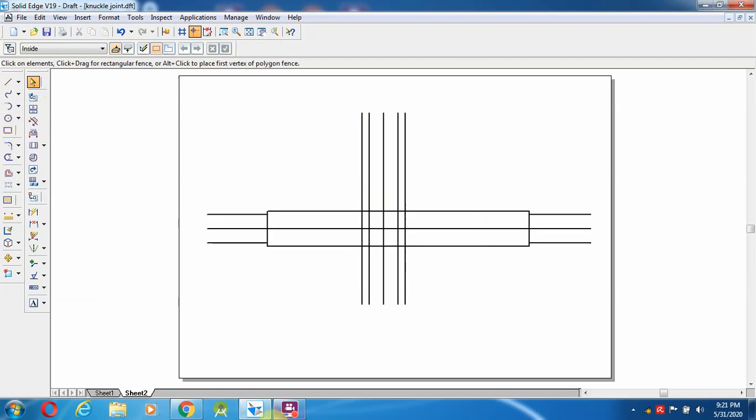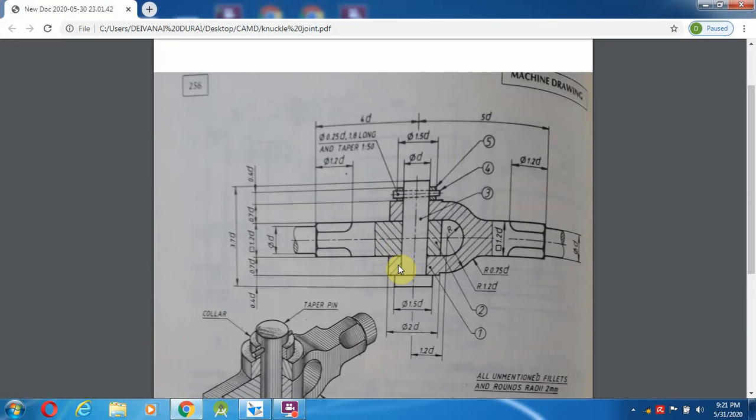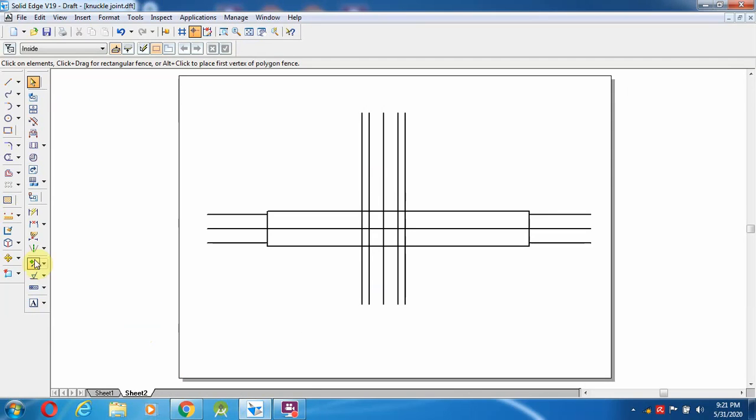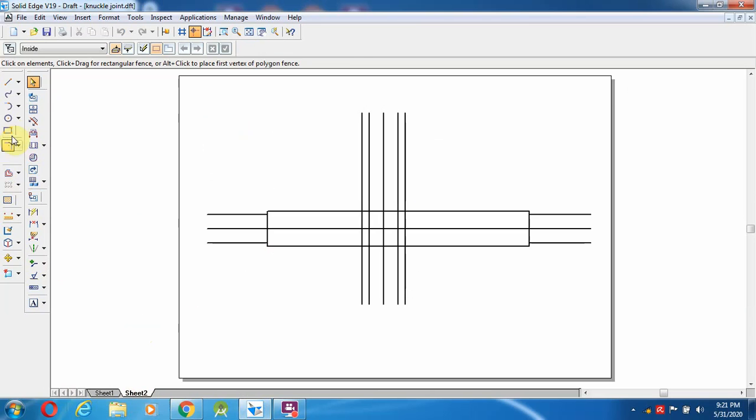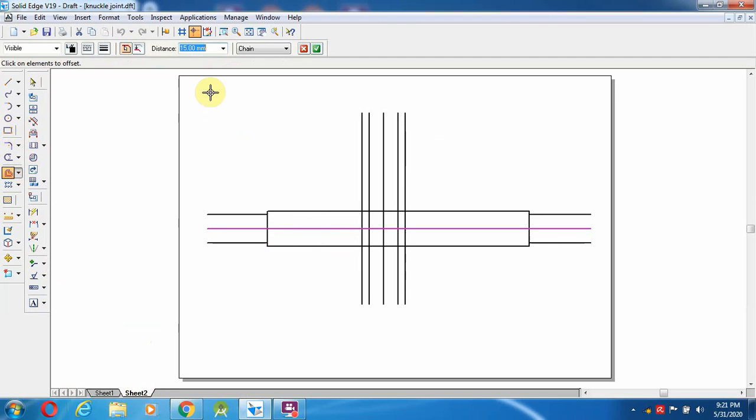Okay. So after completing this, I am going to draw this line from here to 0.70 mm line. So 0.70, we are getting over here, 0.70 is the 14 mm. So go over here, select axis, offset from, not the middle, select the offset and this line as a single.